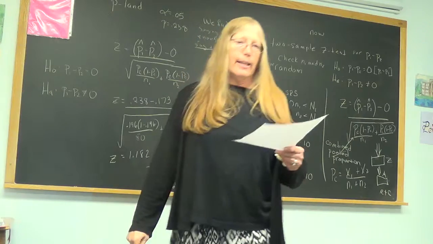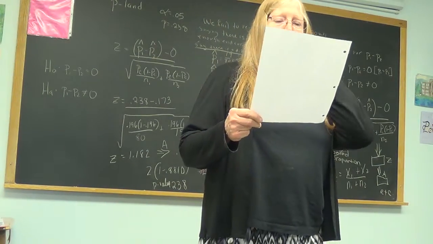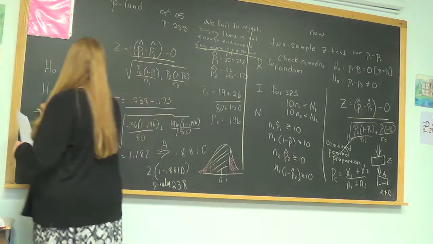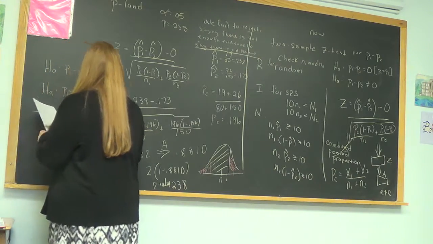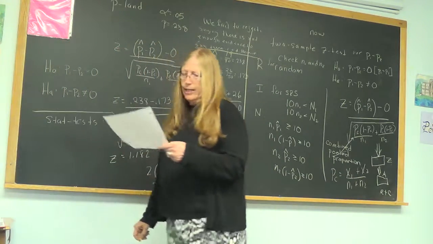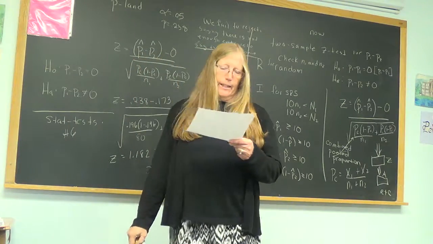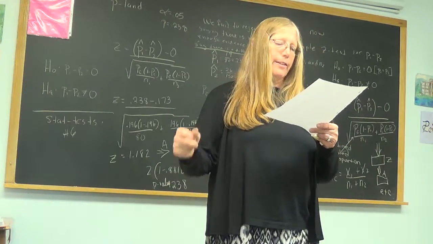All right, calculators out. Let's try to find this one on our calculator. Go to stat tests, and this time we're going to go down to number 6, the two-proportion Z test.